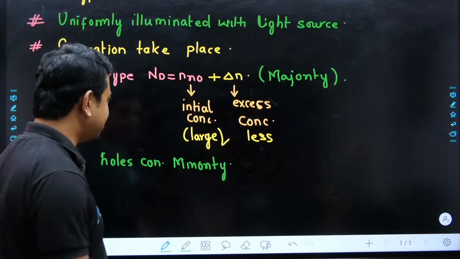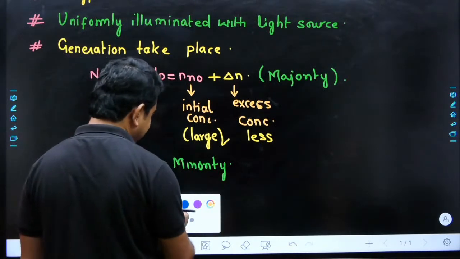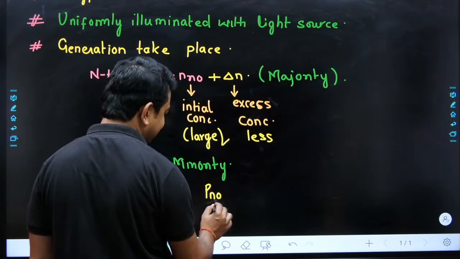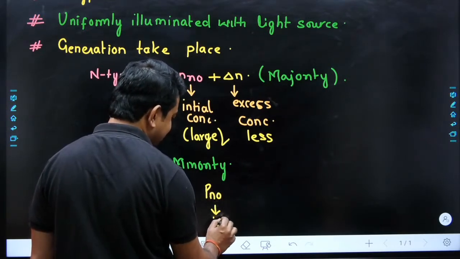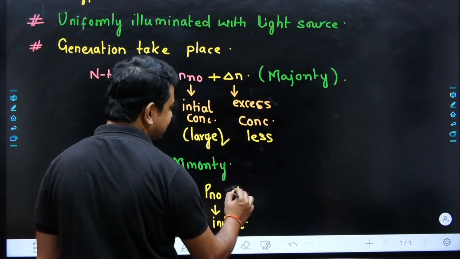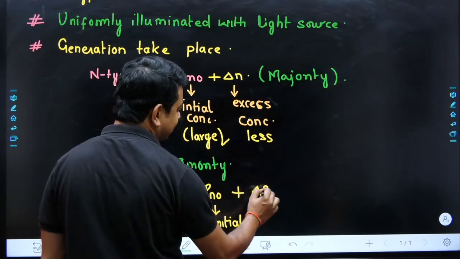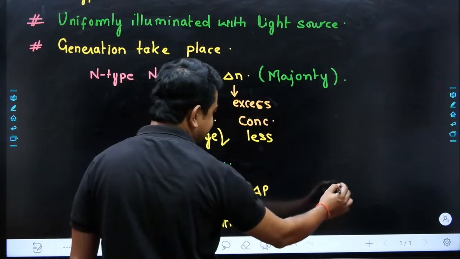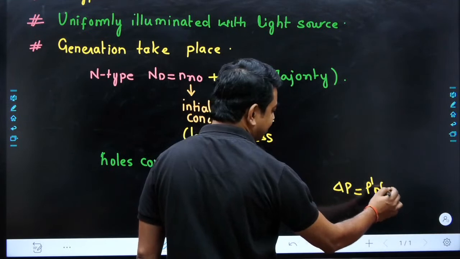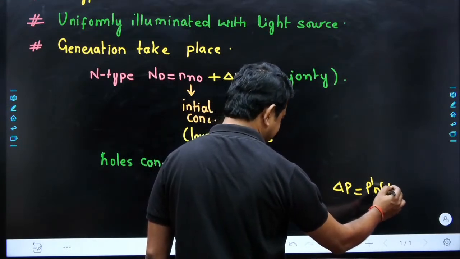It will give rise to the minorities also. So, initially we know what will be the minority. Sir, this is p n naught, this is the initial minority. So, this is the initial value of minority concentration that is present, plus the excess minority is given by delta p, or many times this delta p is also represented by p dash n of t, with respect to time if it is written.